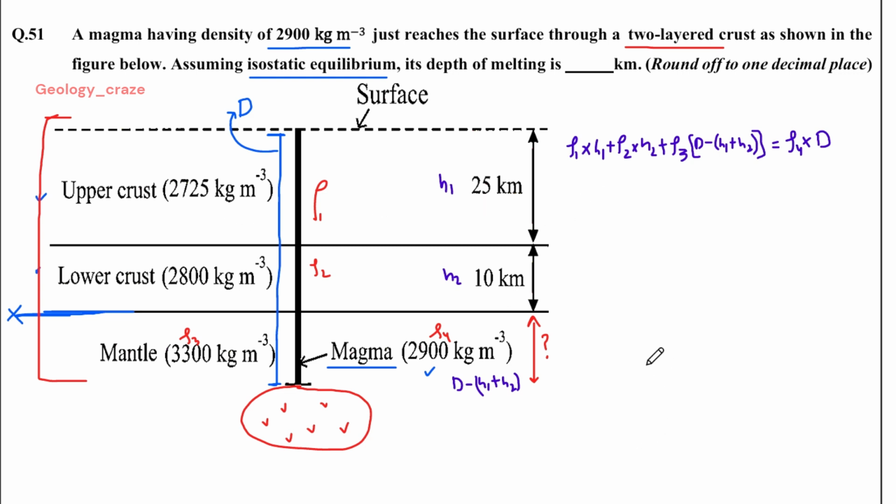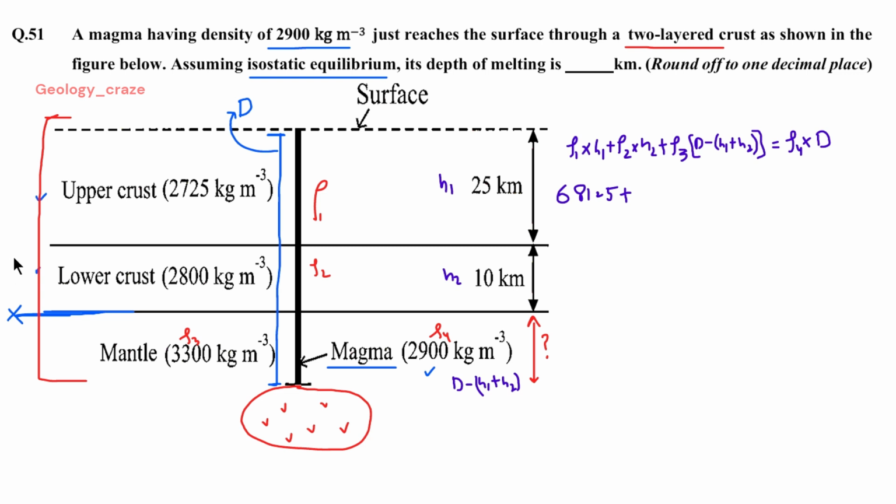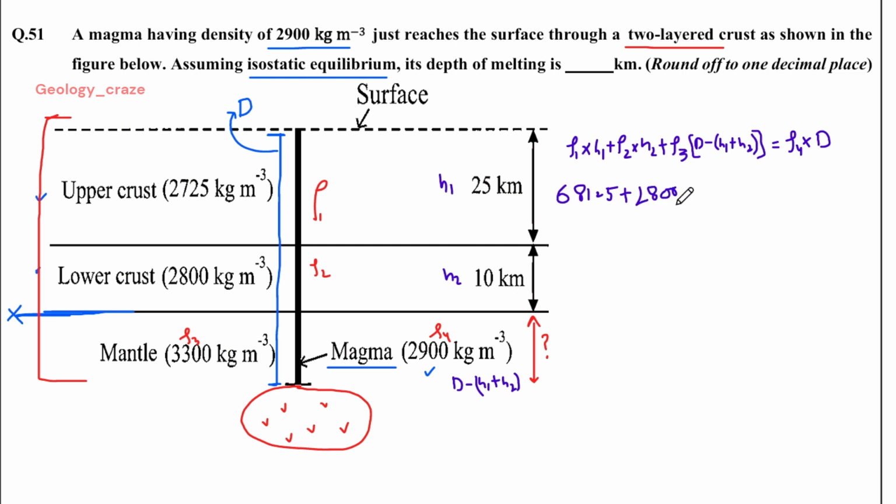I will use the calculator. 2725 into 25, we will get 68125 for this, plus 2800 into 210, we will get 280010 will come over. Okay, plus this.